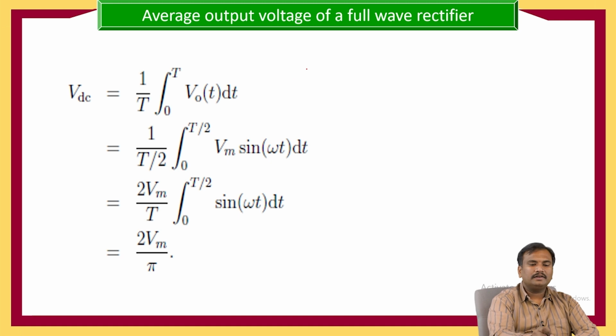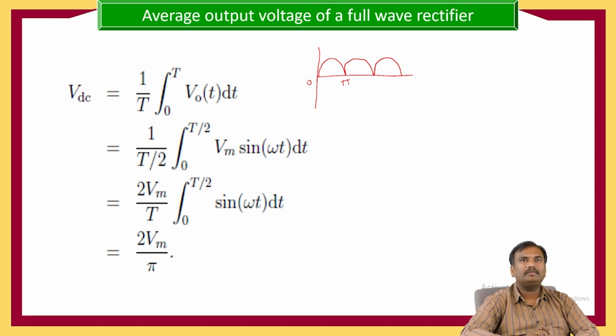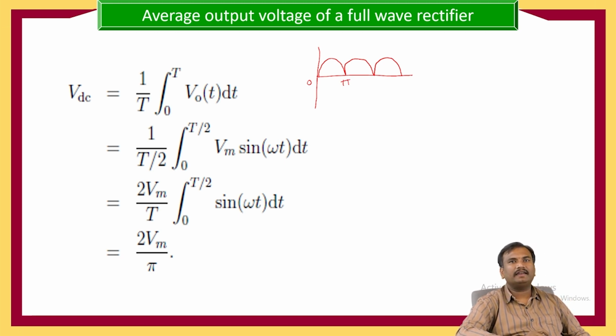Here our waveform is unsymmetrical, having only the positive half cycles. Here the cycle is repeating after pi. After pi time period, the cycle is repeating.